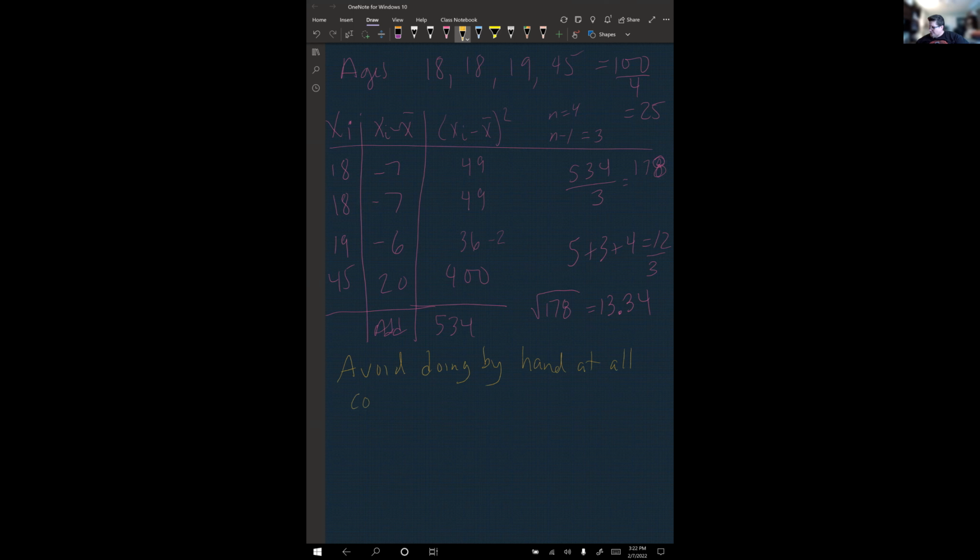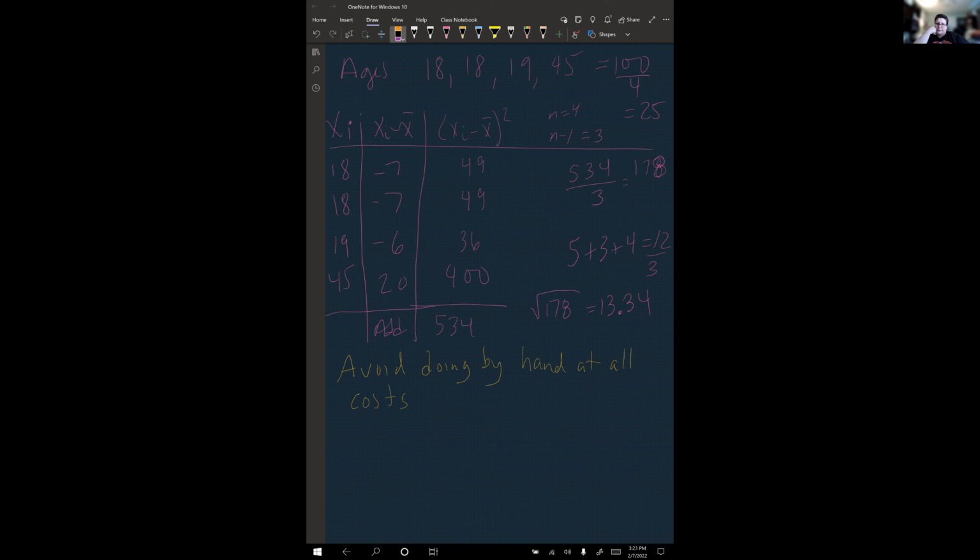But I think one of the homework problems makes you do it for a small data set like this, with like 5 numbers, just so you can do the struggle and appreciate how much the computer helps you. Avoid doing it by hand at all costs. The reason is not just the time, but anywhere I make a mistake, it's going to show up in the end.